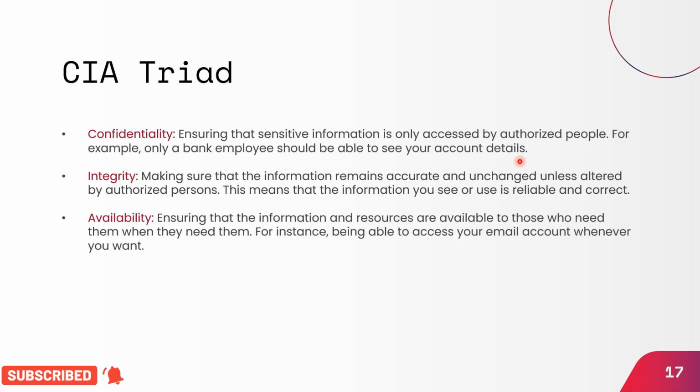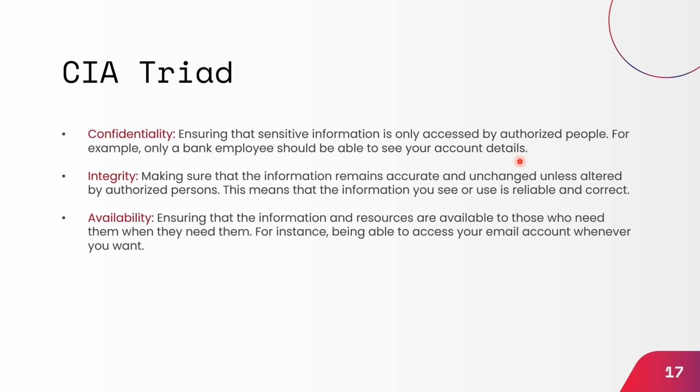If that is not available, what happens? Of course, it's like a denial of service kind of thing. The authorized person should have access to them whenever they want. If that is not available to them when they require it, there is no availability.